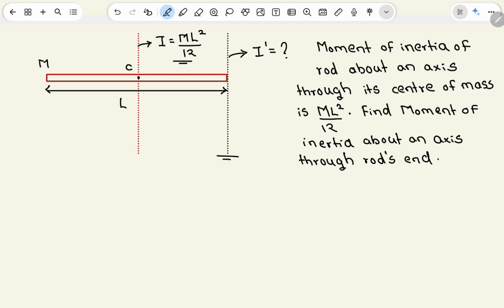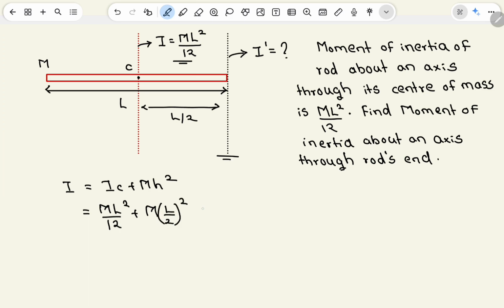Okay, so let's solve the question now, with which we started the lecture. As we have seen, I is equal to IC plus MH square. IC, as it is given to us, is ML square by 12, plus M times the distance between the two parallel axes, which is L by 2, squared.